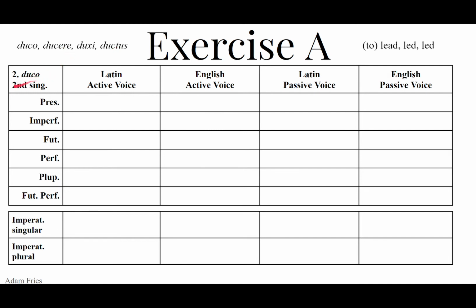Second person singular. Watch out for second person singulars in the present and the future. So here we go. Present stem is duc, D-U-C. Go to the first principal part because it's a third conjugation. Chop off the O. Get duc, D-U-C. Right?